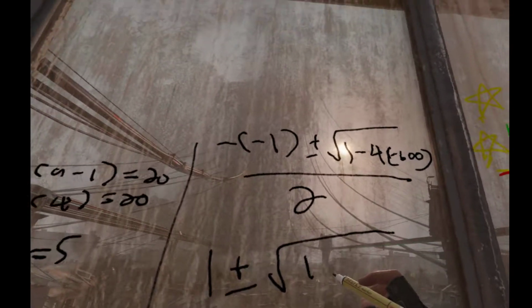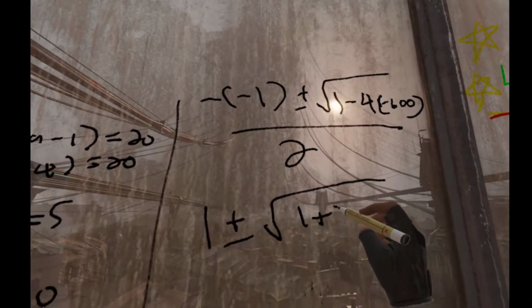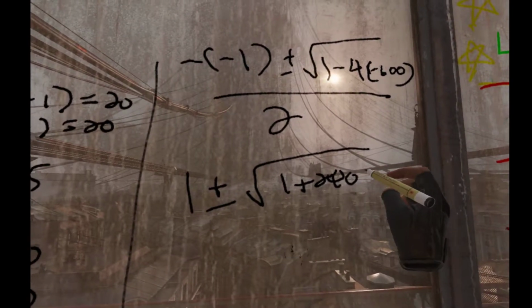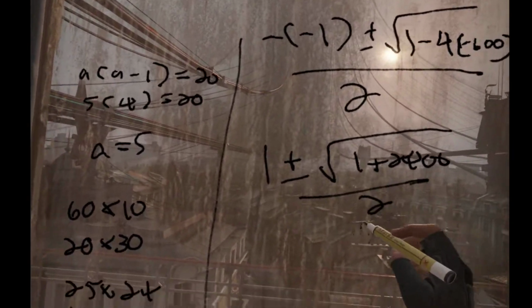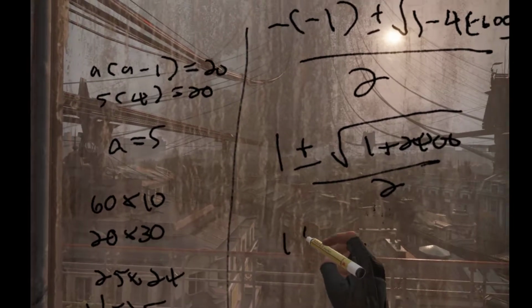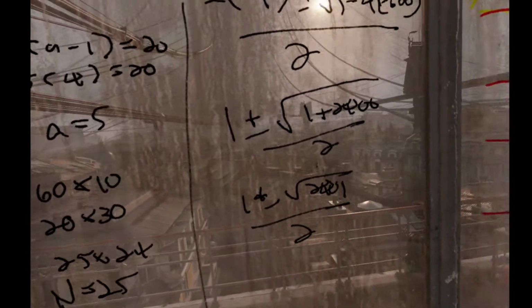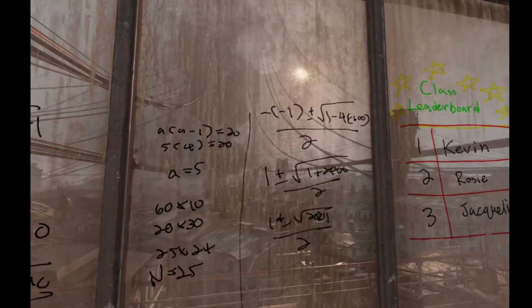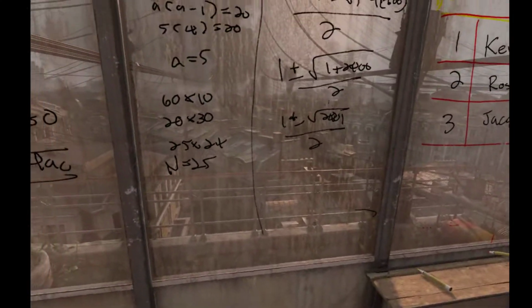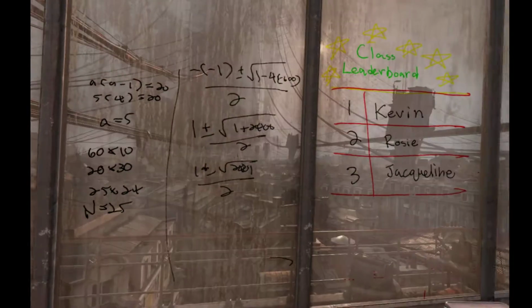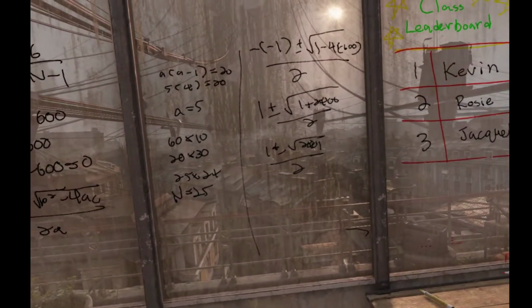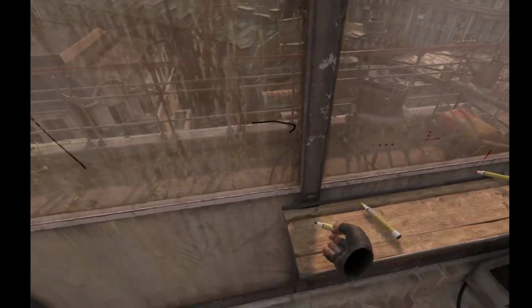We have 1 plus or minus the square root of 1 plus 2400, over 2, which equals 1 plus or minus the square root of 2401, over 2. And that's quite a ginormous square root to figure out, so give me 1 second while I put this in the calculator.